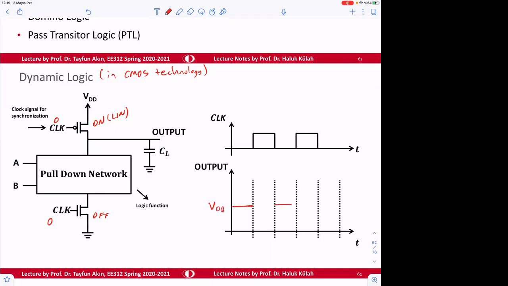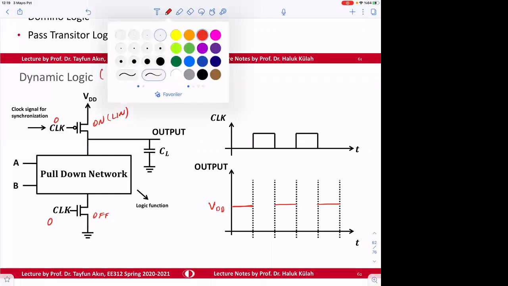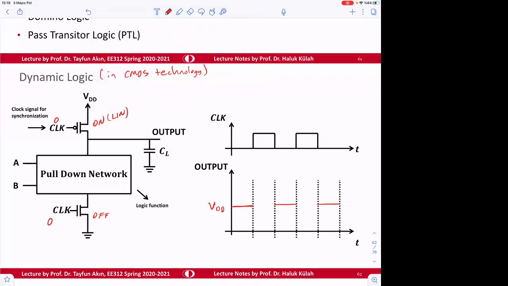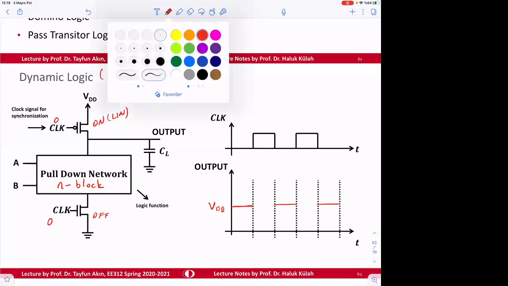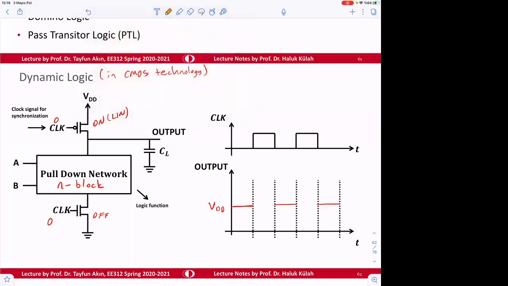And output is going to be sitting high when this is the case. So this is the pull down network, or we call this thing N block. So depending on the logic, output is going to be either, so we don't know about this, either low or high. Okay.